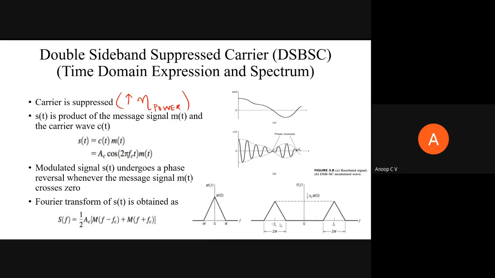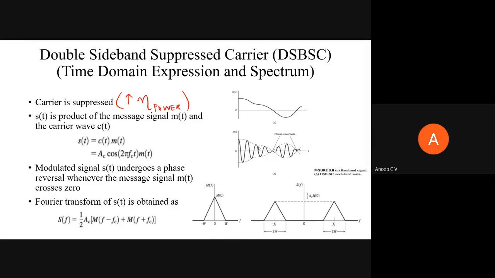You can also see there is no carrier term as such. It is just M of f minus fc and M of f plus fc. So the carrier is suppressed, and the power which was required to transmit the carrier is saved here. That is DSB-SC modulation.